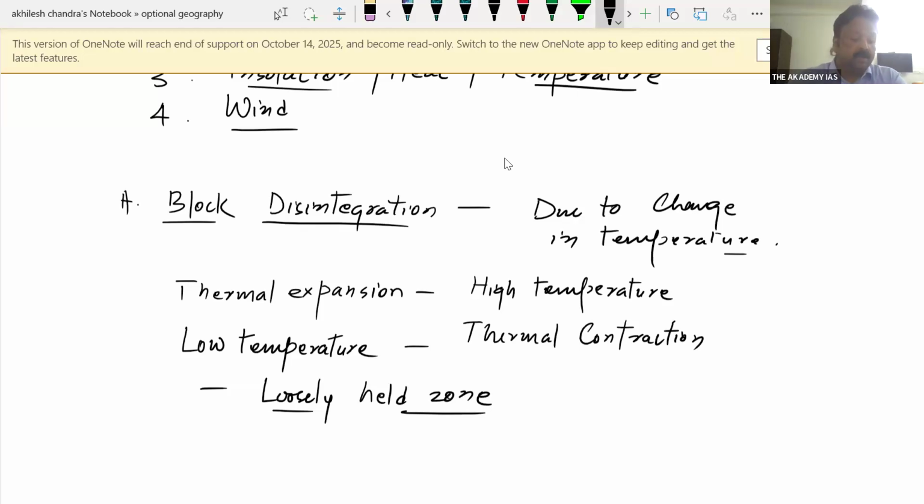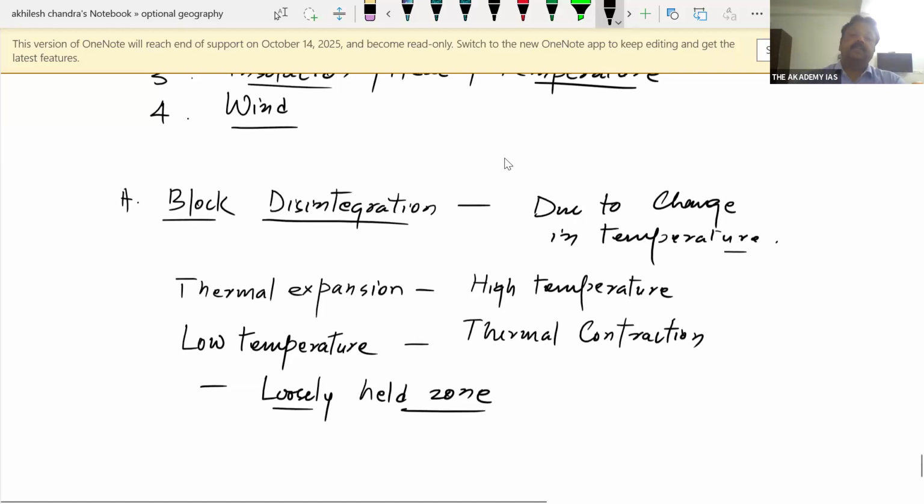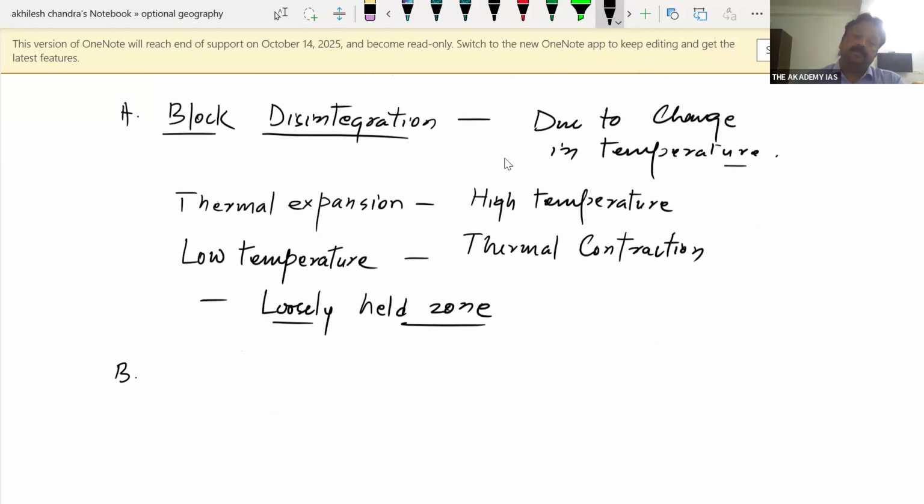Fine. So block disintegration. Next one is granular disintegration.